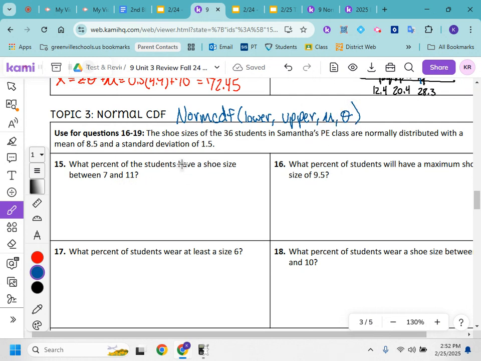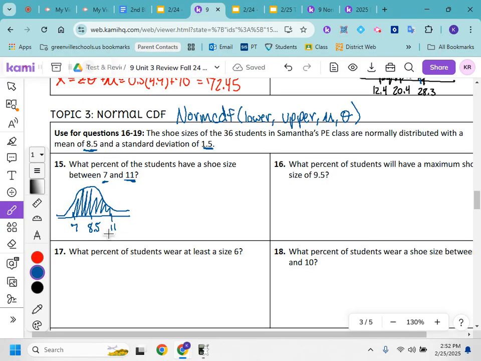So what percent of students have a shoe size between 7 and 11? So here's my lower, here's my upper, here's my mean, here's my standard deviation. So percent, we're looking for the area under the curve between a 7 and an 11, with a mean in the middle of 8.5.